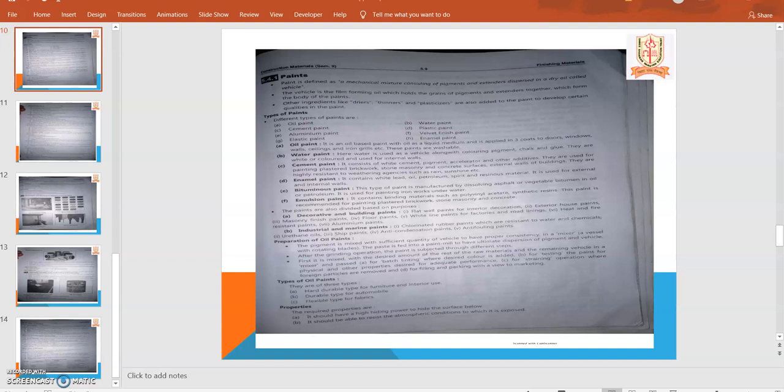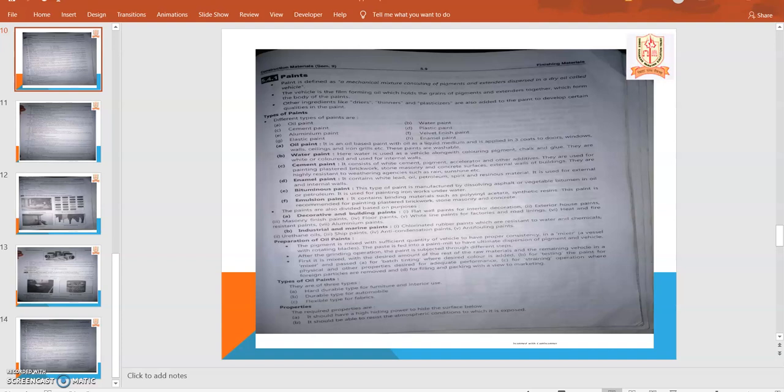Then industrial and marine paints: first chlorinated rubber paints which are resistant to water and chemicals, then urethane oils, then ship paints, anti-corrosive paints and anti-fouling paints. So these are included in these two types.